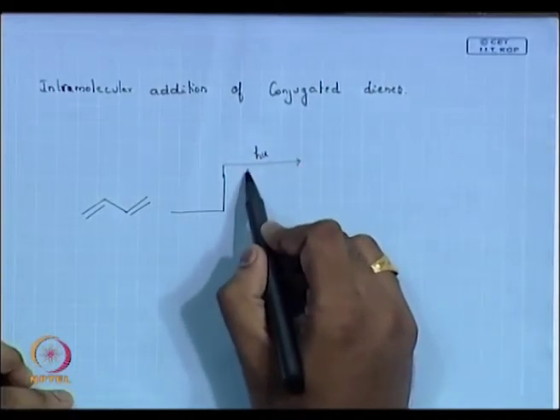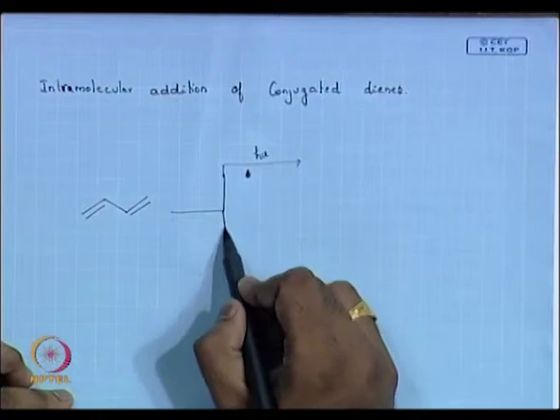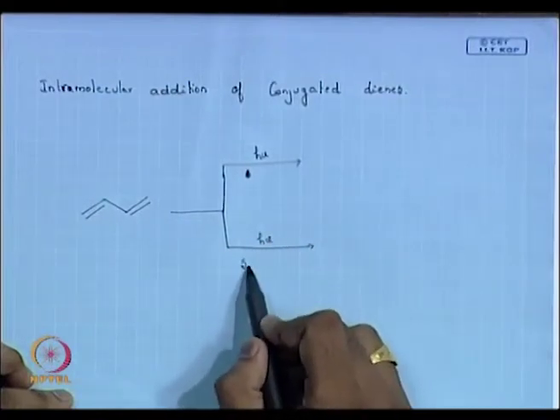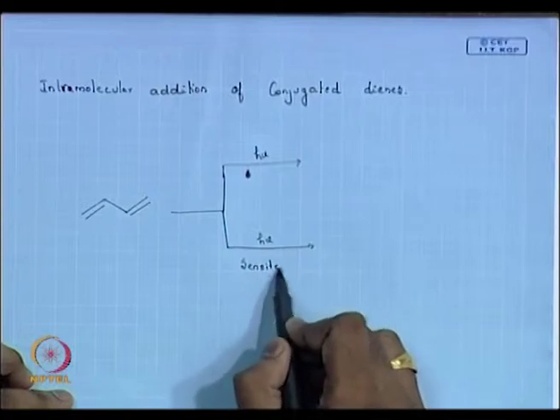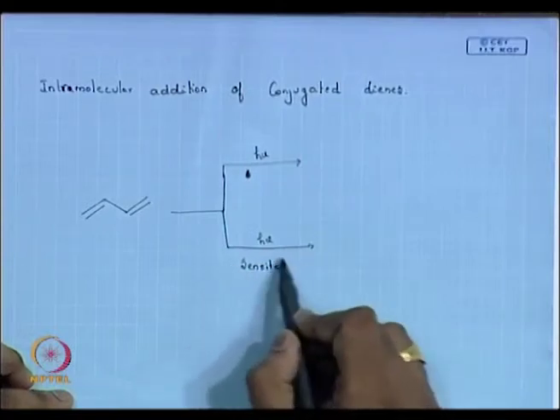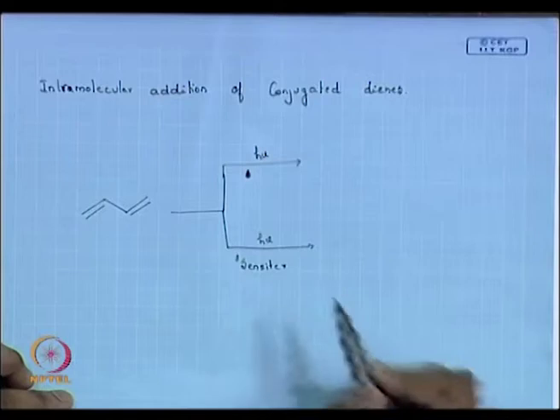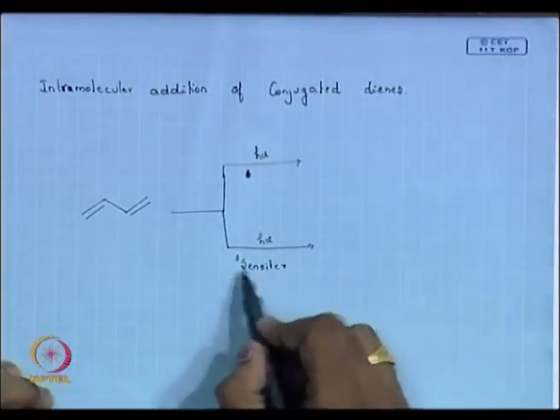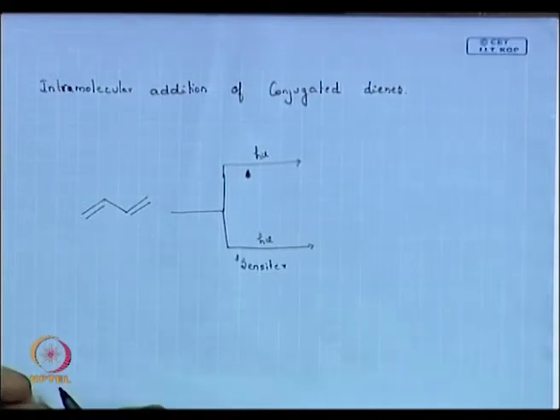If I photolyze this directly, and I can also photolyze in presence of a triplet sensitizer. So, it's triplet sensitizer and directly.